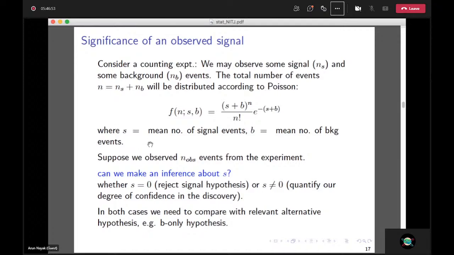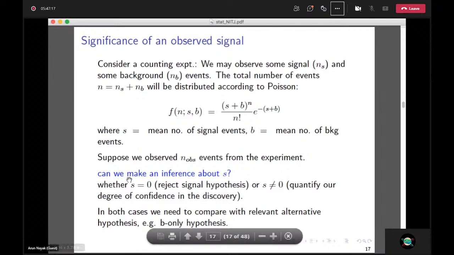Now, S and B are your mean number of signal events and mean number of background events. Suppose we observed n observed events from the experiment. Can we make an inference about S or calculate the significance of S?